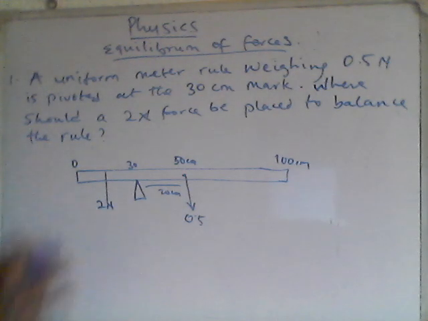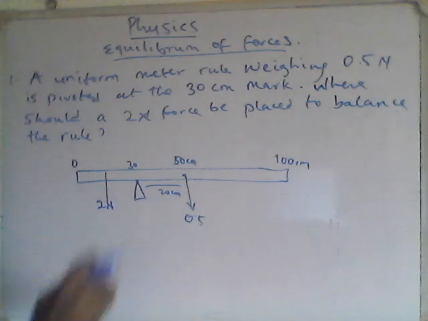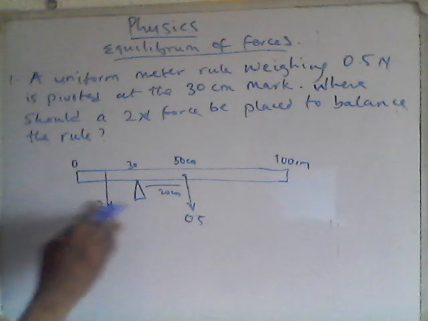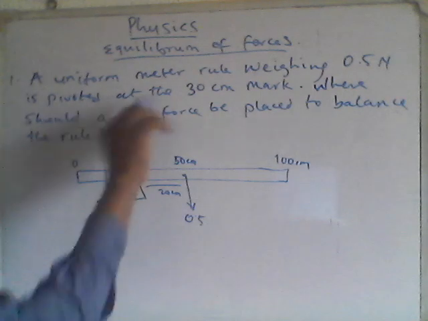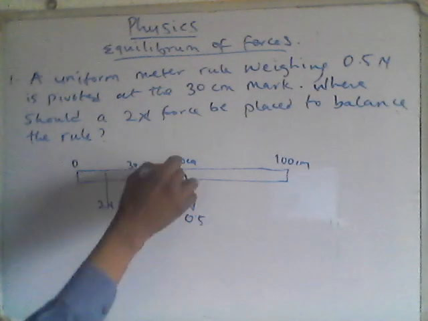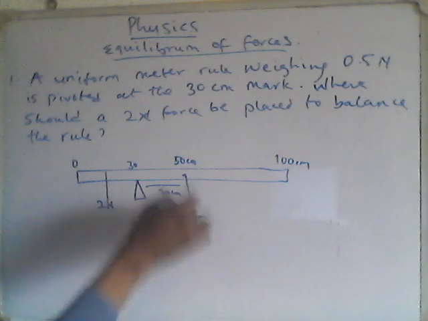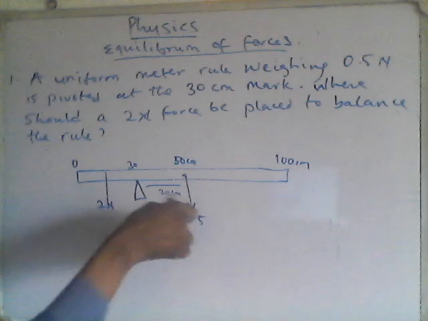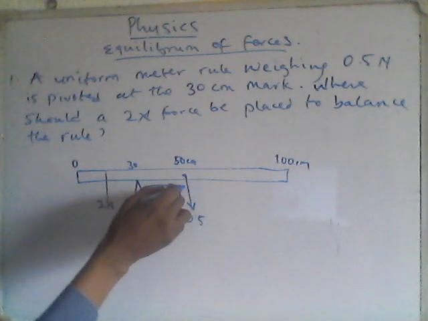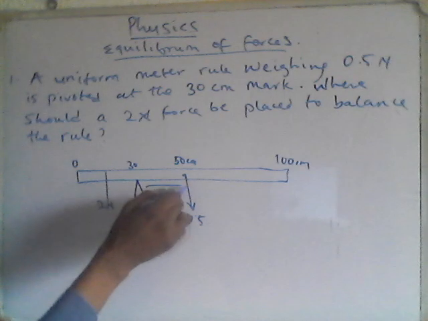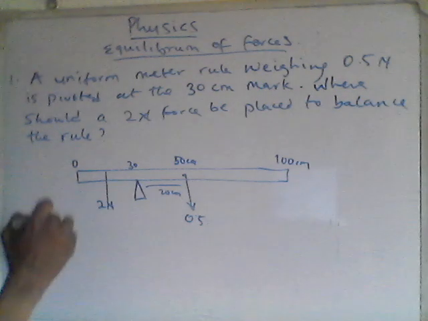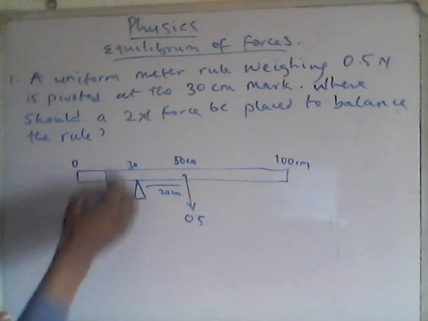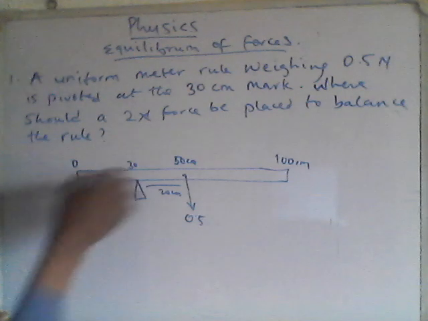Sometimes it's good to draw out what is being described in the question so that you can appreciate what is going on. The weight of the ruler is the force going down, multiplied by the distance between the center where the weight is experienced and the pivot, and it equals this force placed here. We want to know the distance between here and this place.